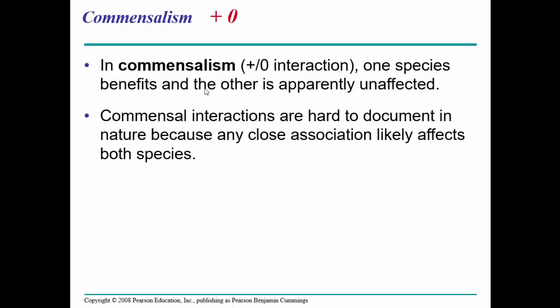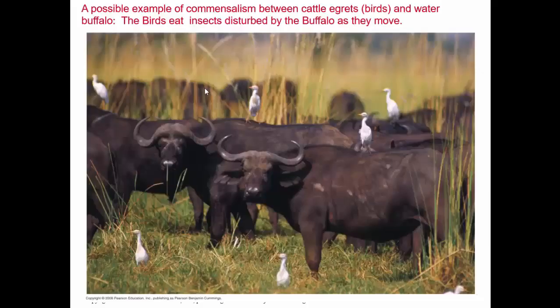The last one is commensalism. Commensalism is plus zero, which means one benefits, the other is unaffected. A very popular example, which we can find everywhere, is the buffalo and the bird.